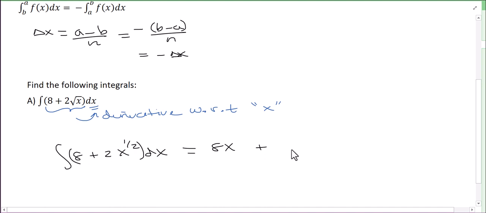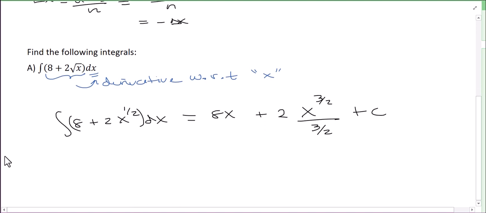Add 1 to the exponent: I'm going to have x to the 1/2 plus 1, which is 3/2, and divide by that new exponent, divided by 3/2, and then plus a constant. Don't forget your plus c when you have an indefinite integral. Then this simplified becomes, what is this? Dividing by a fraction is the same thing as multiplying by the reciprocal, so you're really multiplying by 2/3. That becomes 4/3 x to the 3/2 plus c.